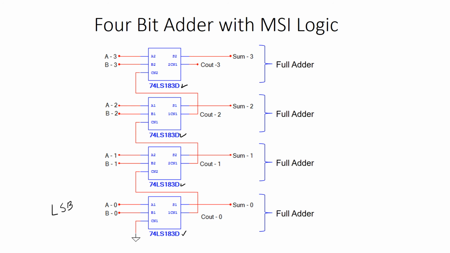And well, here I have a carry in, but I've tied it to ground. So really there is no carry in. This is a 0. And of course, this carry out goes into the next carry in. This carry out goes into the next carry in. And this carry out goes into the next carry in. So this is my ones place, my twos place, my fours place, the eights place, or the most significant bit. And that's it.